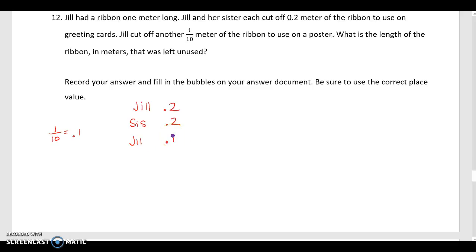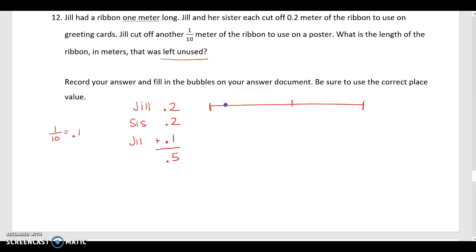What is the length that was left unused? So she used this. So let's find out the total they used. So we have our decimals lined up. We're ready to add: 2 plus 2 is 4 plus 1 is 5. So 0.5. And we want to know what is left unused. So here's the 1 meter.